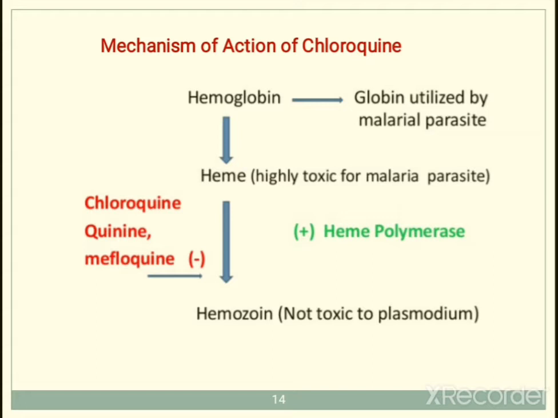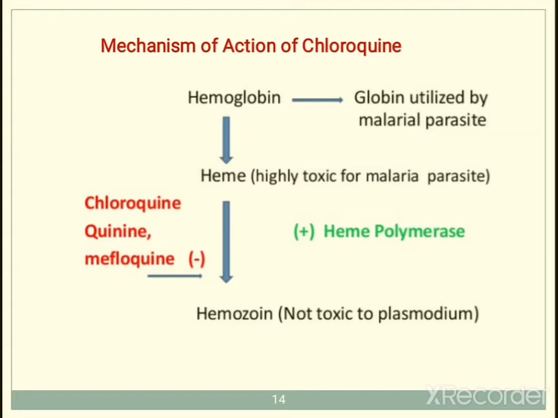There they utilize the hemoglobin of the host for their requirement of amino acids for their growth. Further, this hemoglobin is converted into heme, which is highly toxic for the malarial parasite.